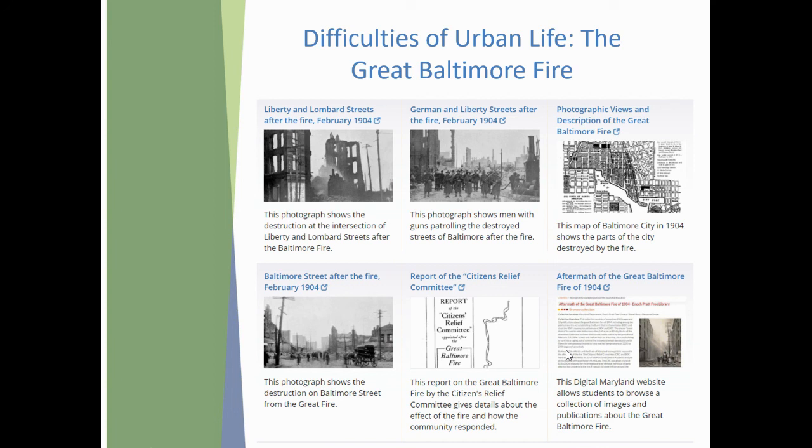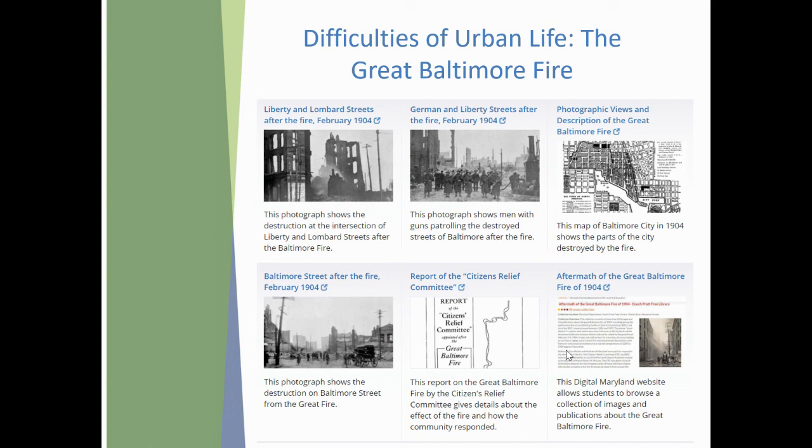How does it contribute to a larger history on urbanization? Is it part of a trend that adds up to a national story? Did it mobilize people in a way that had a bigger impact? In this case, Baltimore had to make changes to make the city safer, and that happened across the country as fires and other disasters made people aware of safety issues.